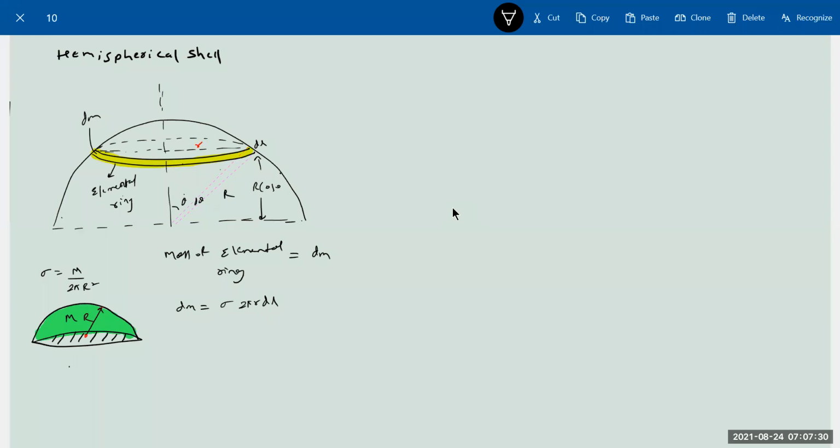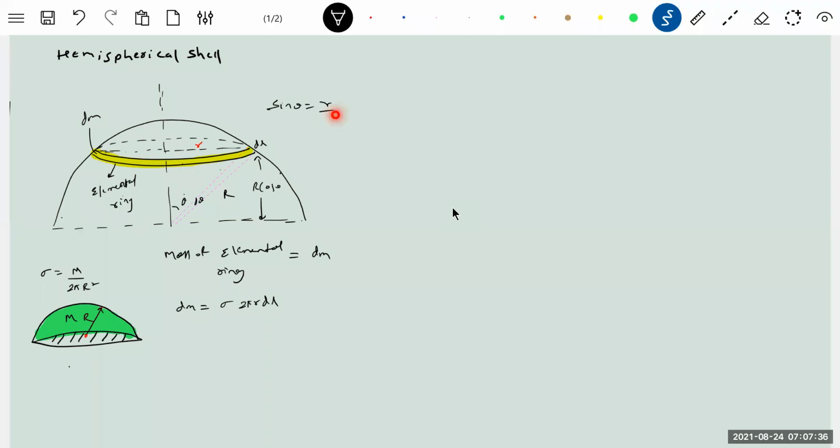Radius r, I think we can define it: sine theta equals small r by capital R. Therefore this will be 2 pi sigma small r, where r equals R sine theta, into dl. And dl we can write as R d theta. So dm equals 2 pi sigma R square sine theta d theta. This is the mass of the elemental ring. Let's go for the basic definition. Further, sigma into 2 pi R square we can write as m, so this becomes total m sine theta d theta.